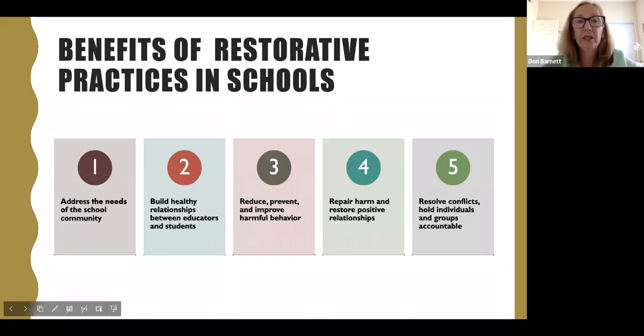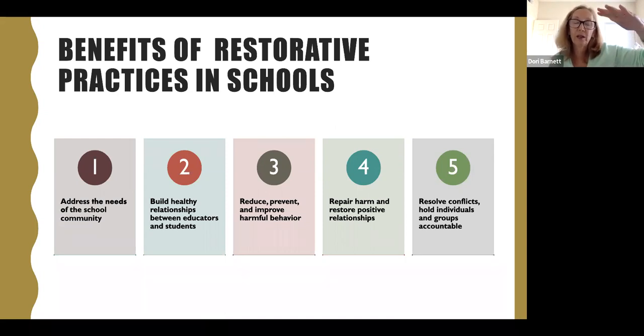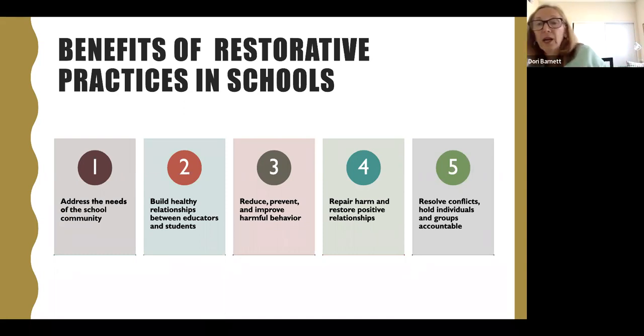Some of the benefits that have been shown of implementing a restorative approach in schools is to build healthy relationships between students and educators. Schools that have implemented restorative practice along with social emotional learning and positive behavior supports have seen a large reduction in problem behavior, office discipline referrals, suspensions and expulsions.